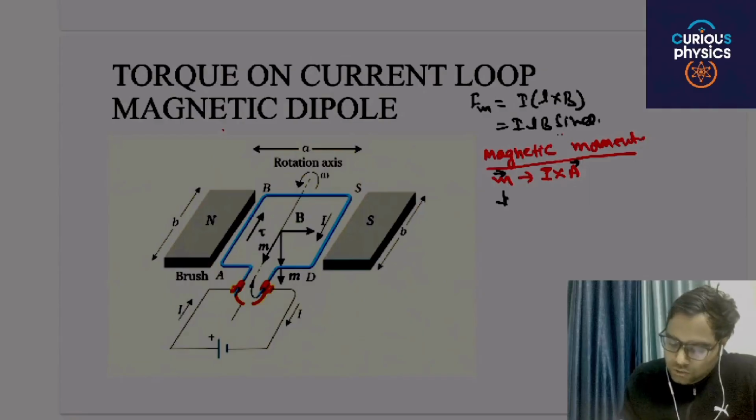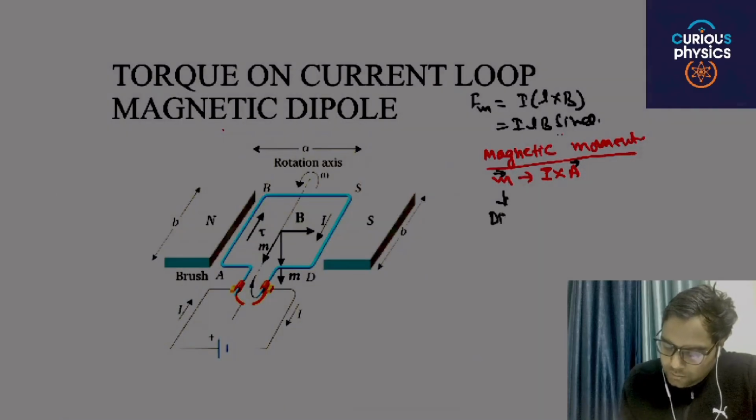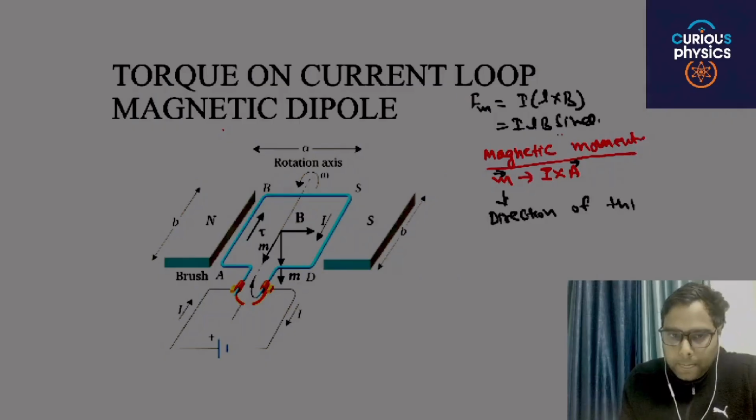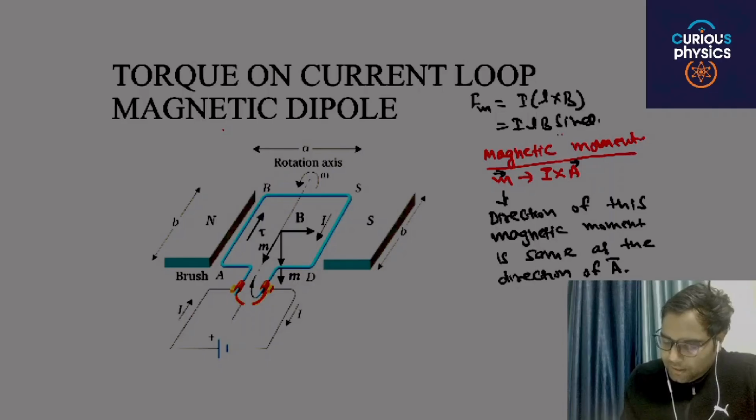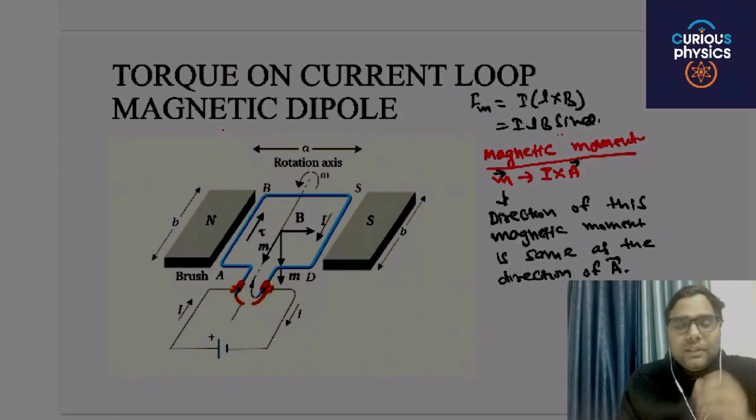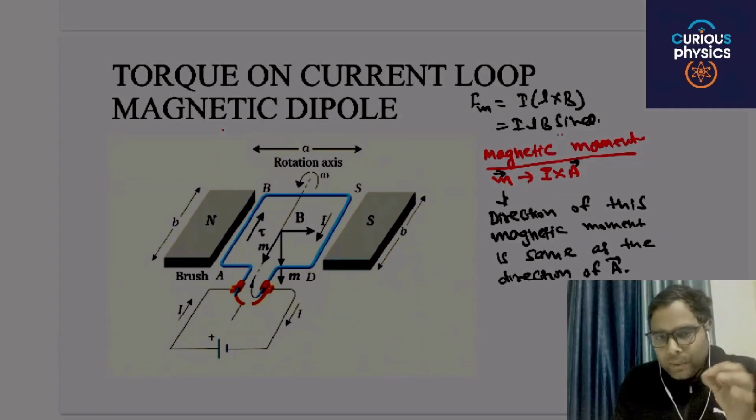So the direction of this magnetic moment is the same as the direction of the area vector. And here we will deal with open surfaces.